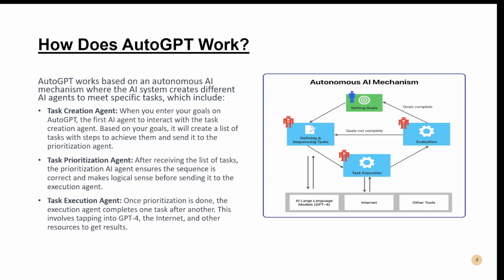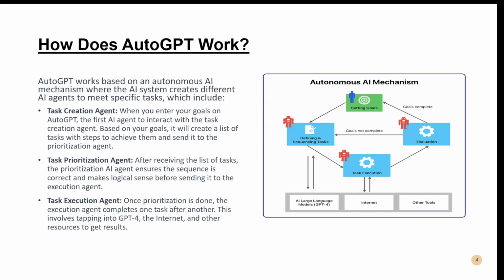So AutoGPT works based on an autonomous AI mechanism, where the AI system creates different AI agents to meet specific tasks, which include task creation. When you enter your goals in AutoGPT, the first agent to interact is the task creation agent.